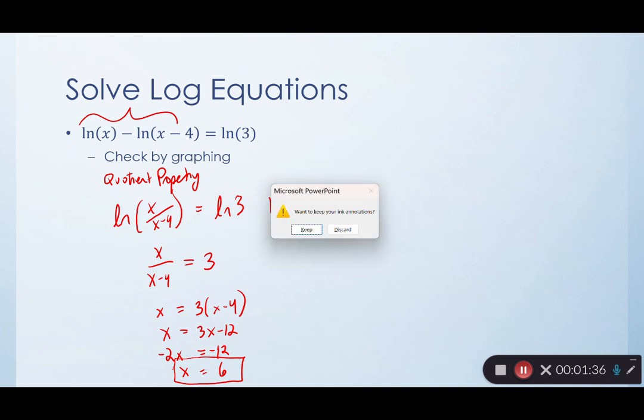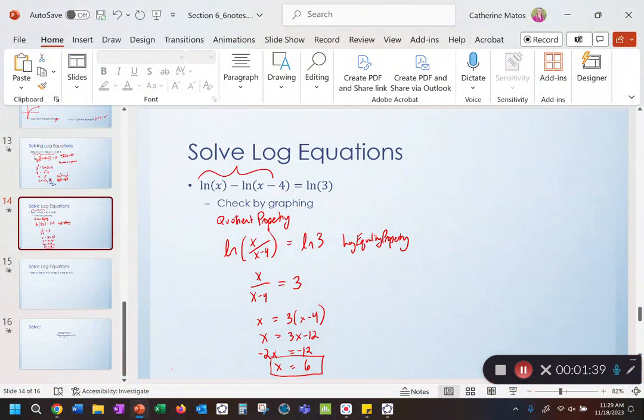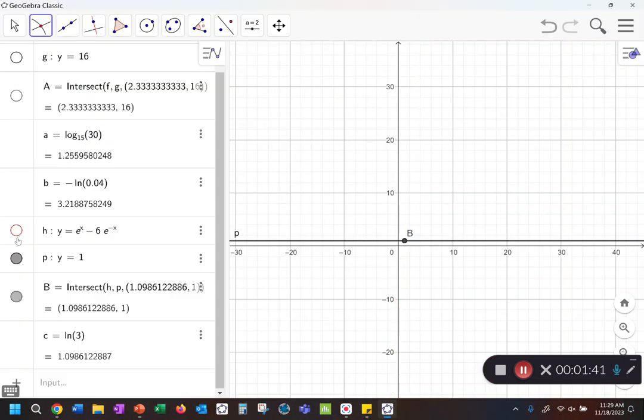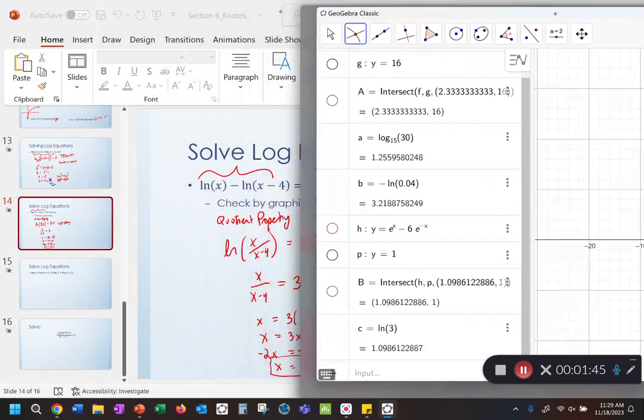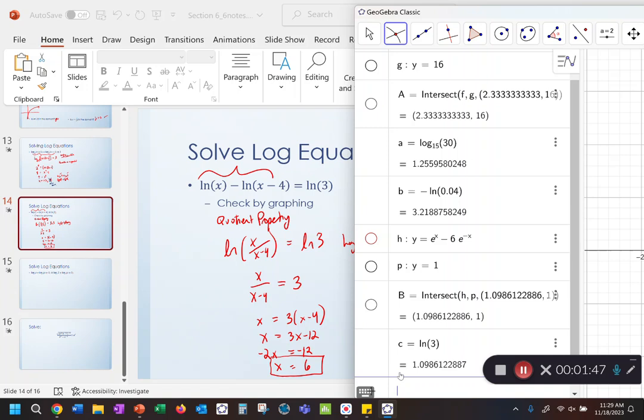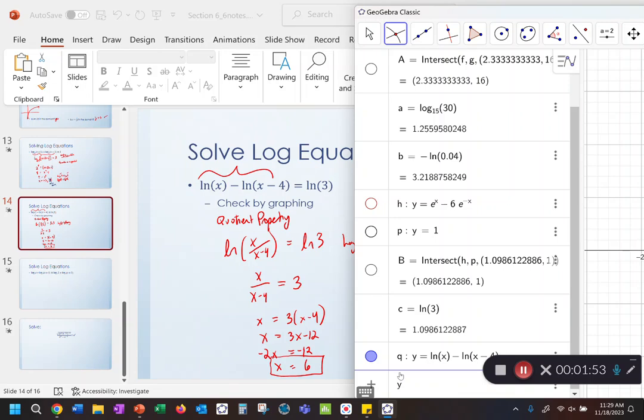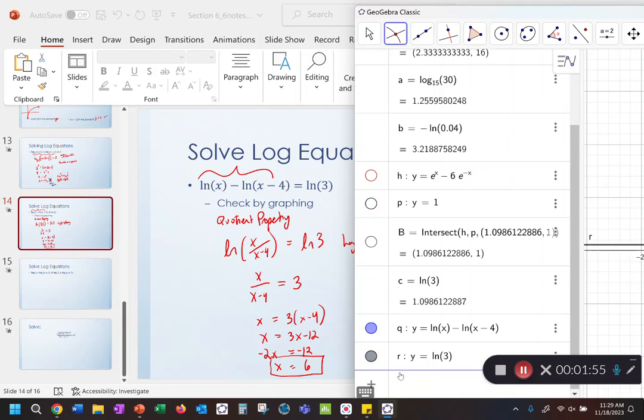And we're going to graph this to make sure. All right? So let's make this smaller, move to here. We're going to have y equals ln of x minus ln of x minus 4, and y equals ln of 3.